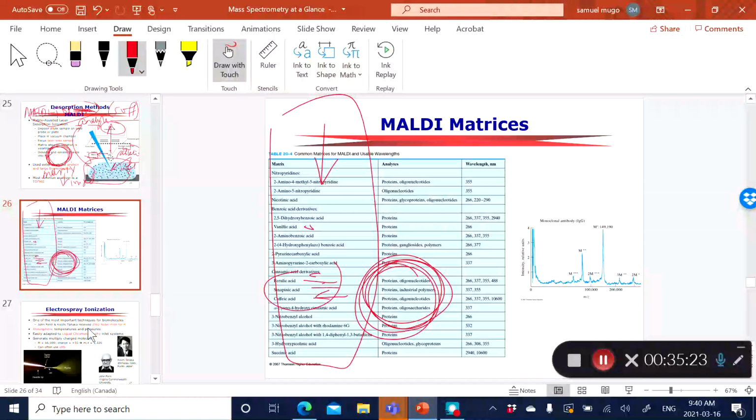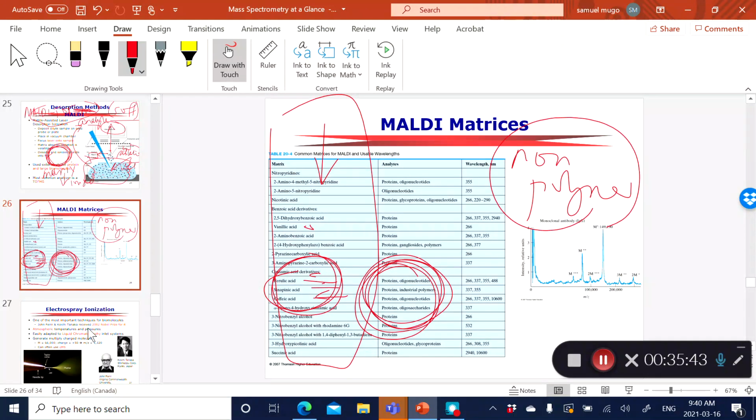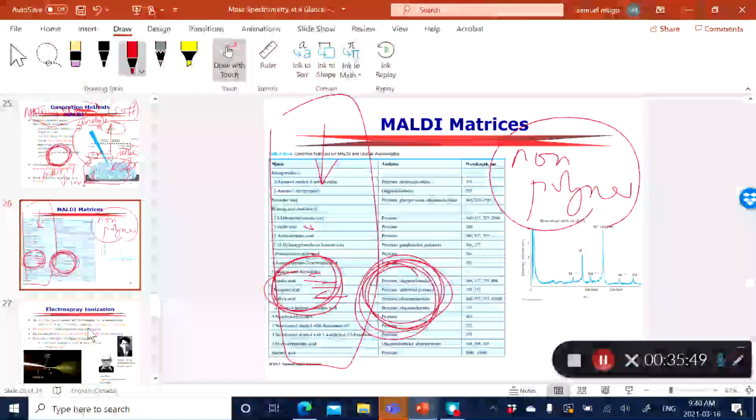So you can see these types of matrices are used with polar compounds such as proteins. Whereas if you're analyzing non-polar polymers, such as polyethylene and so on, you typically do not use this type of matrix.